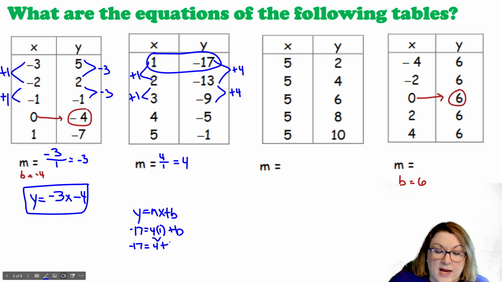To isolate the b and find out what the b is, I need to get rid of that 4, and to do that, I would subtract 4 on both sides. That's going to zero it out on this side. On this side, it's going to give me a negative 21. So my b is a negative 21.